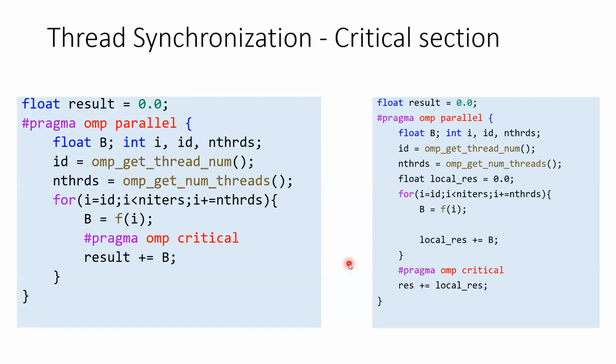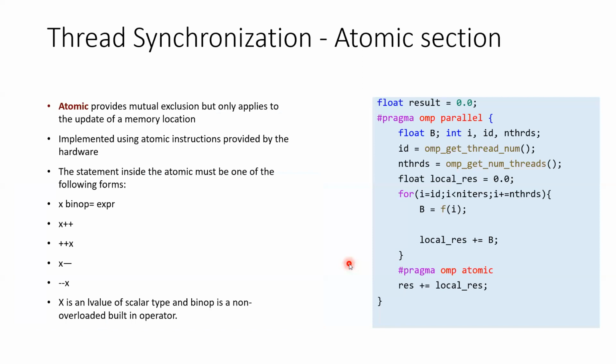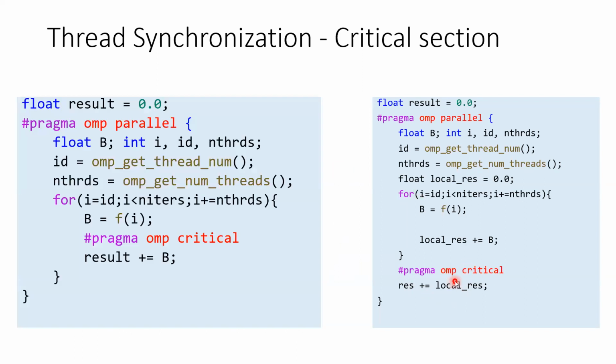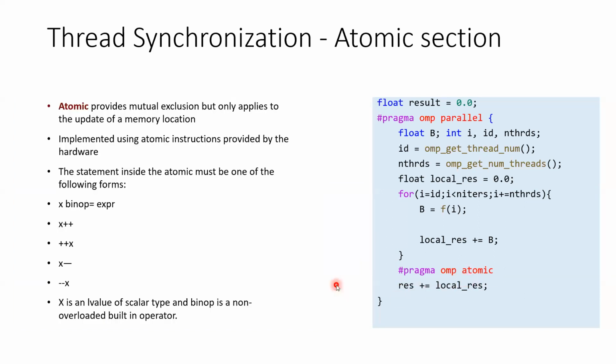Another construct similar to critical but slightly different is atomic. It does exactly the same thing, but critical is generic. You can have n number of statements in critical, like result plus something, printf, and so on. But atomic works on specific operations, where it also ensures that only one thread at a time will execute this instruction. It is supported for binary operations like x plus plus, plus plus x, plus equal to, and so on.